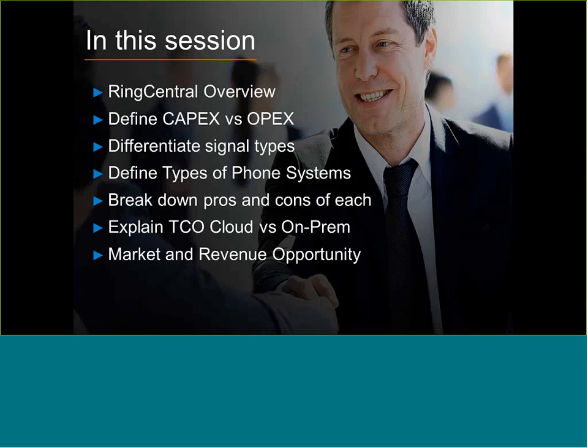We'll also differentiate the signal types, the ways that customers can get phone systems, break down a little bit of the pros and cons of both, and explain the total cost of ownership of cloud versus on-prem. If you're new to telecom, TCO is total cost of ownership. Then we'll take a look at the market and revenue opportunity, as well as show how to get set up as a partner too.